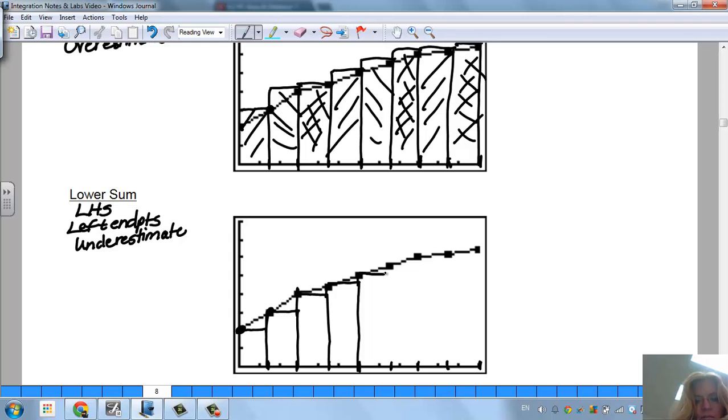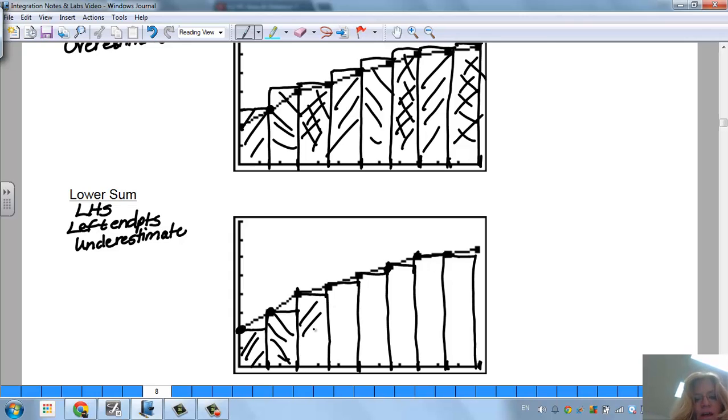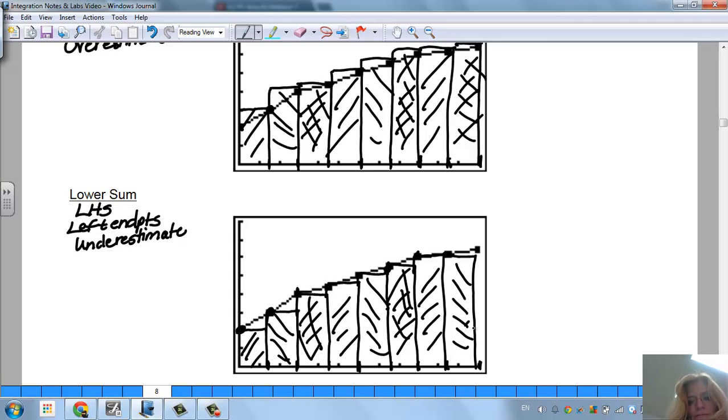I used to not be very good at this. There. So I'm using my left-hand side, and then we're going to shade that in. You can stop this if you need to do this on your own. So I shaded that one.